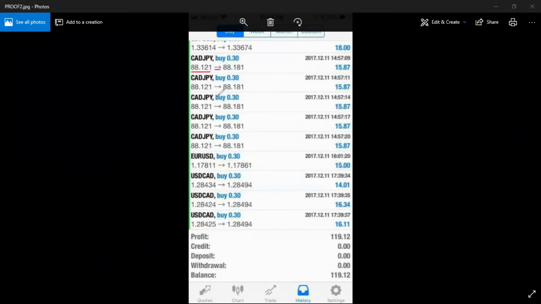Okay, so the first number is your entry point. That is where you got into the market for this trade. The gray number on the right side of the gray arrow is where price is currently at in the market. Now, once you close this trade, the gray number on the right side of the arrow then becomes where you got out of the market.